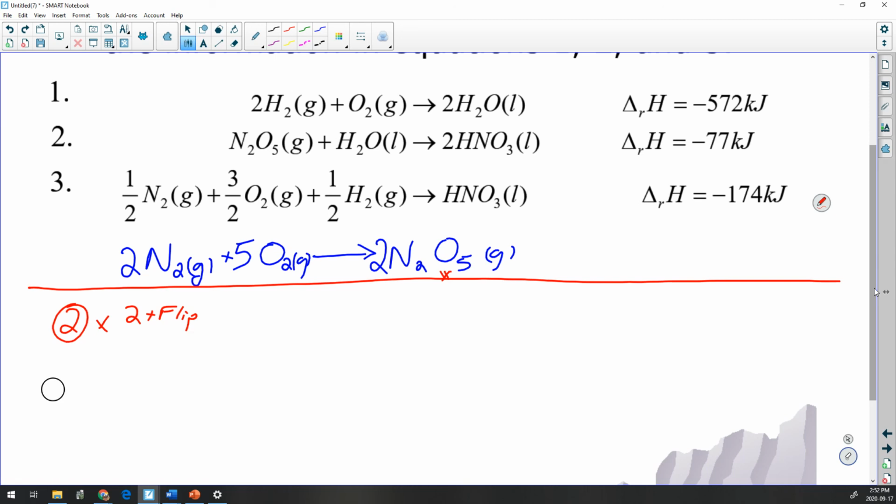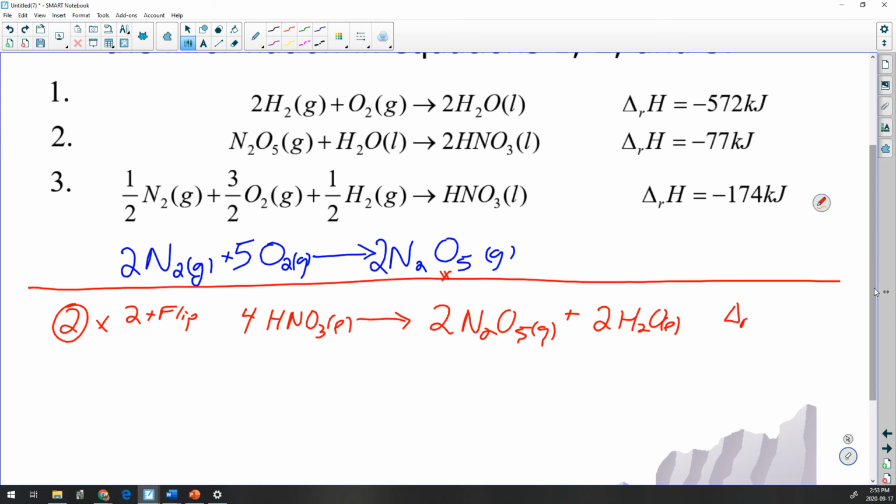I do this to keep track of what I'm doing, because it reminds me to do that to the energy too. So now I've got 4 HNO3, and that will give me 2 of my dinitrogen pentaoxide and 2 water.